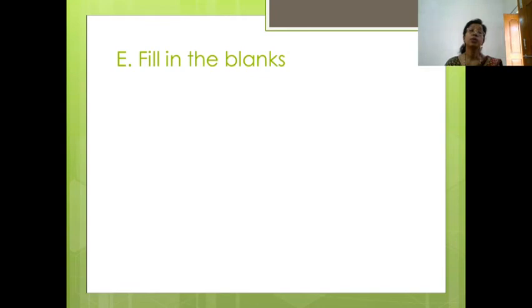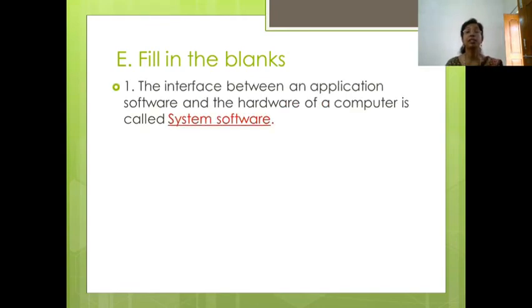Now, question number E, fill in the blanks. Ready? First one, the interface between an application software and the hardware of a computer is called dash. Today we have studied about that. The answer is system software.